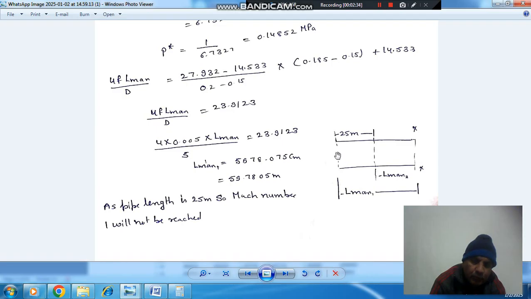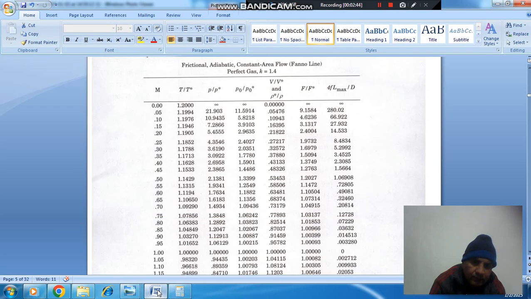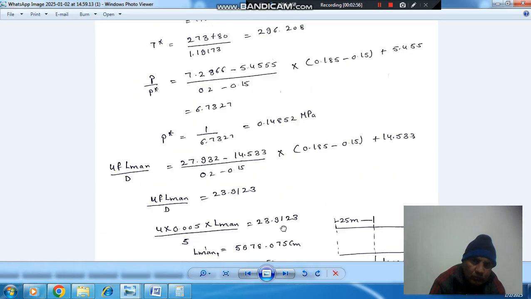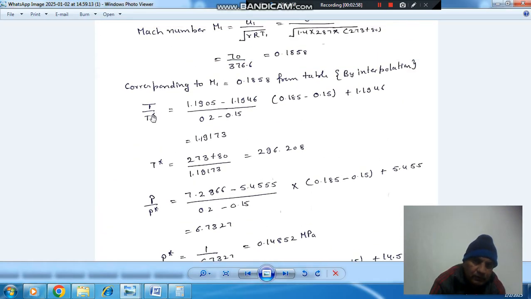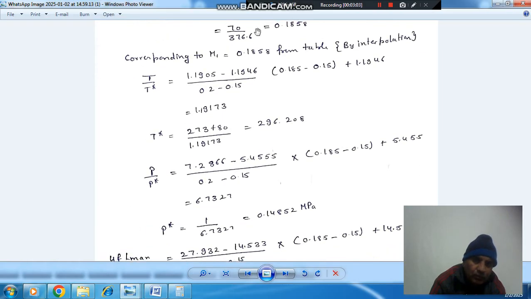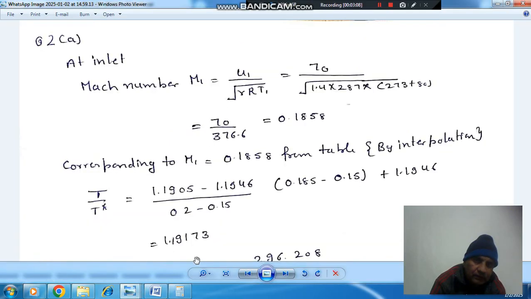At here the Mach number is 0.1858, and here the Mach number will be 1, and this is the length, and that is given in the table as 4fL max by D. So that is your L max 1 corresponding to the inlet Mach number, where at the end the Mach number is 1 and the properties are critical properties. So from the table you can find T star, P star, and L max corresponding to 0.1858.